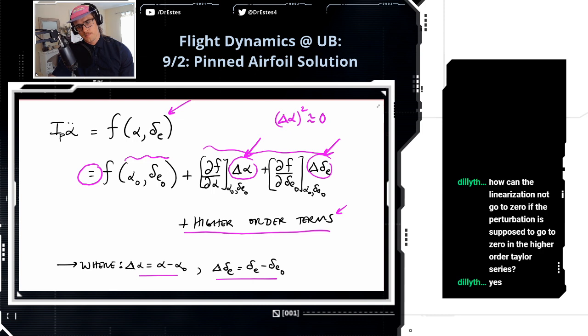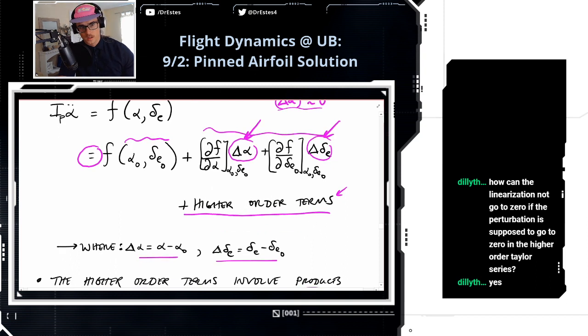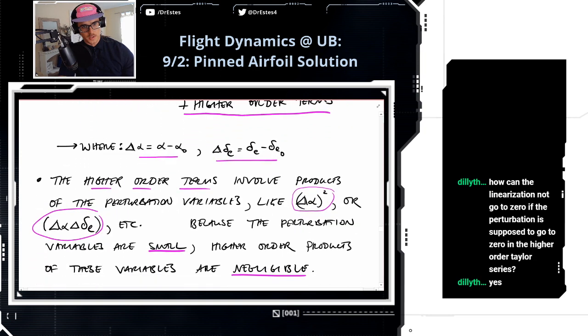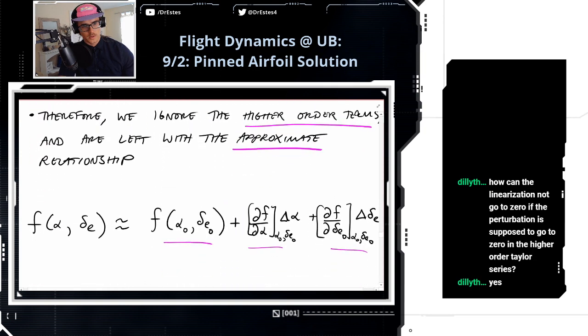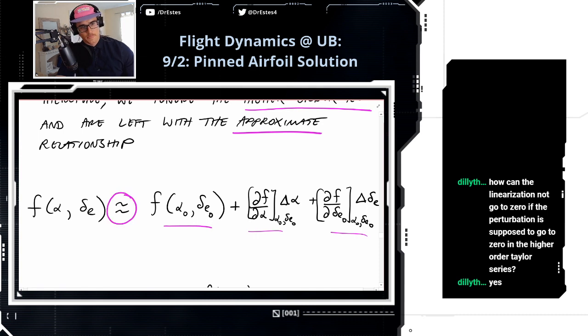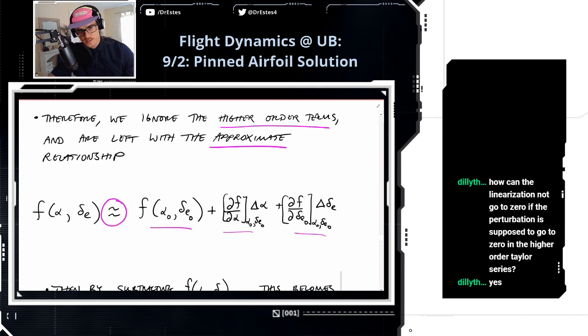And so it's not perfect because we're assuming that these terms go to 0, but they really don't. And that's why, if you pay careful attention, let's go down here. When I cut out the higher order terms, I changed the equality to this squiggly equality, which just means approximate.